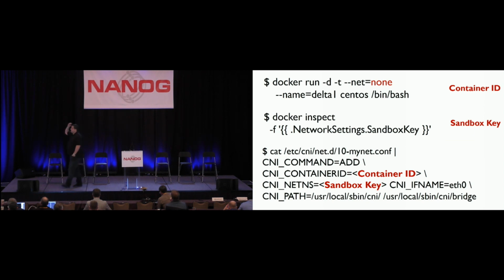So when you run your container and you specified, I don't want to use Docker networking, what the orchestration agent would get is a sandbox key. Sandbox key would be the path to where that network namespace is located in the file system. It's actually a set of file descriptors.